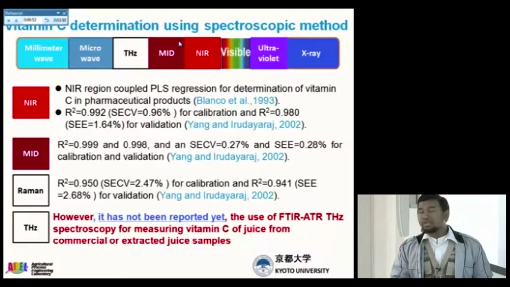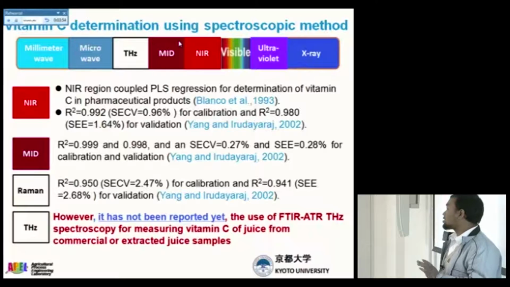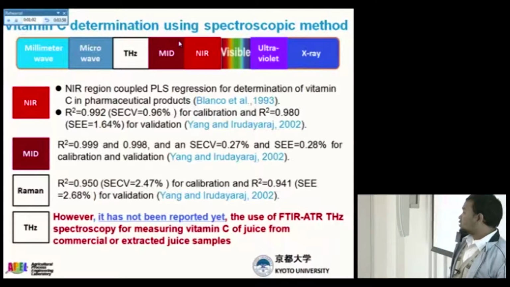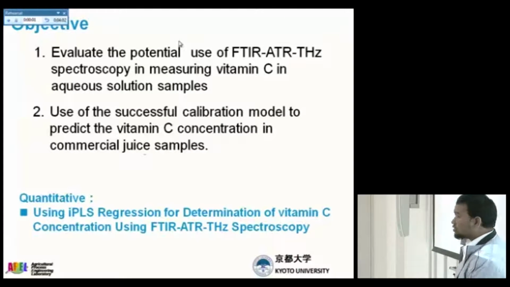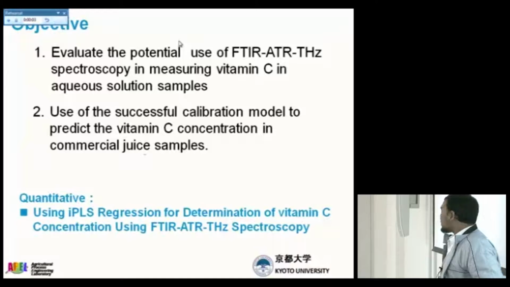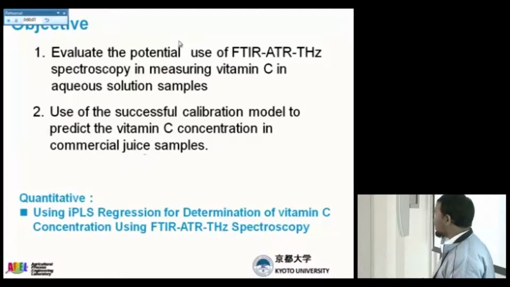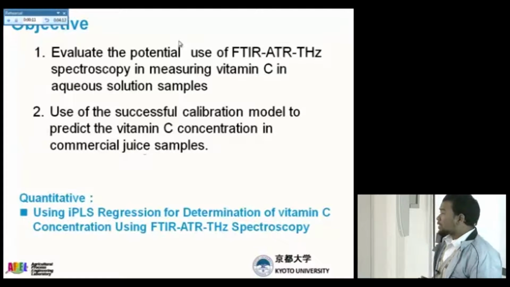However, the use of FTIR-ATR in the terahertz region for vitamin C determination of commercial or extracted juice samples has not been reported yet. Therefore, the objective of our study is the use of terahertz spectroscopy for determination of vitamin C in juice samples.